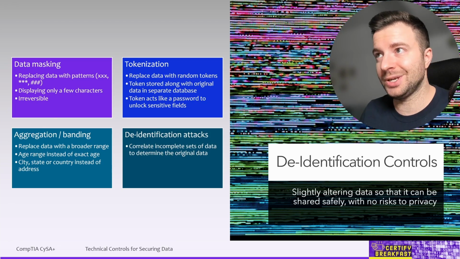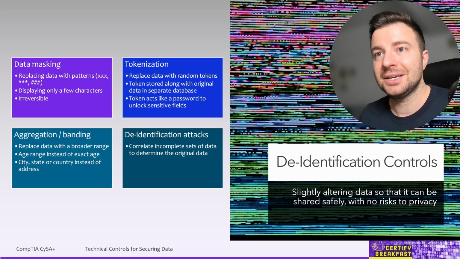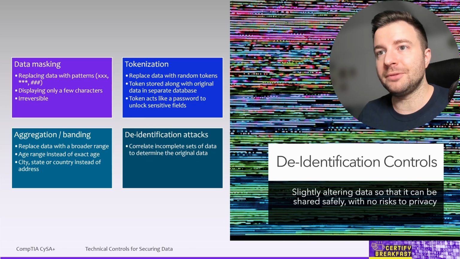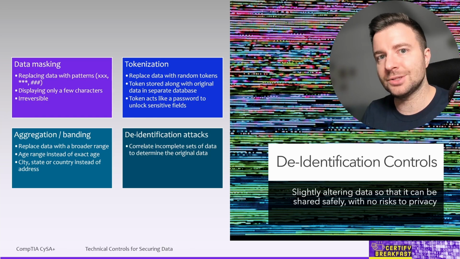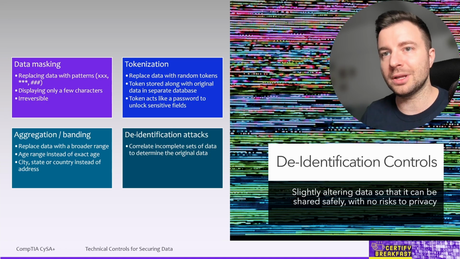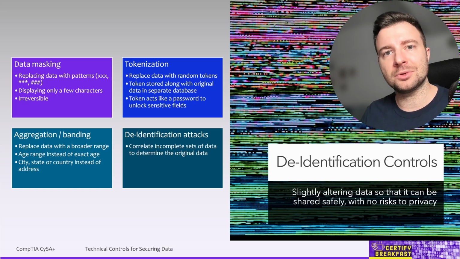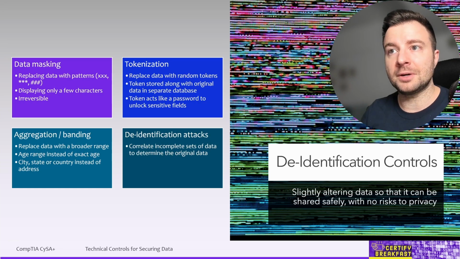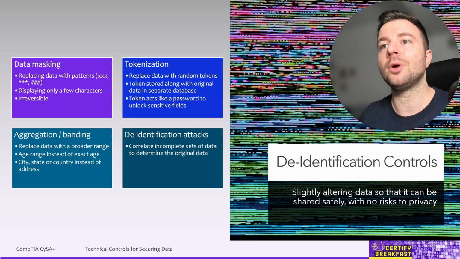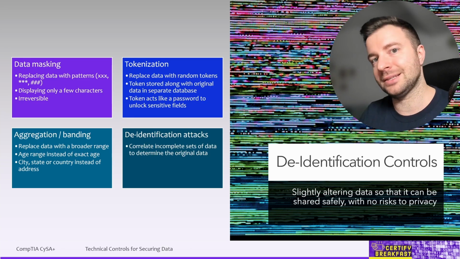And of course, since we're talking about cybersecurity, we have to talk about de-identification attacks, because they're a method to reverse these techniques. Now, these attacks address the risk of correlating in a clever way seemingly irrelevant or completely disconnected pieces of data, so that when they're put together, they allow you to draw some conclusions to determine more information about that sensitive data.